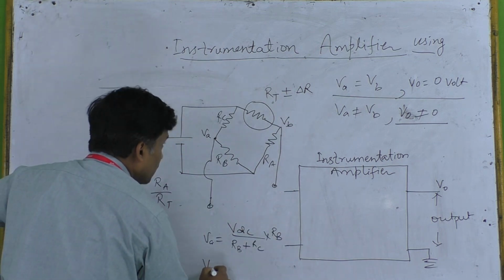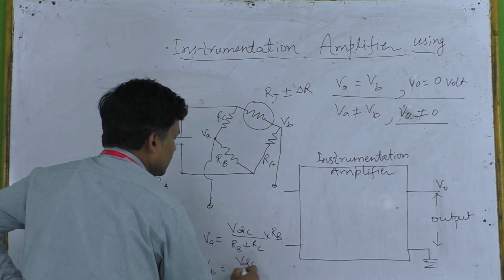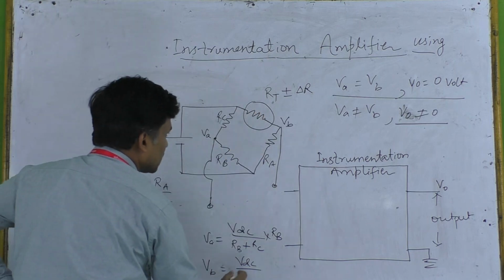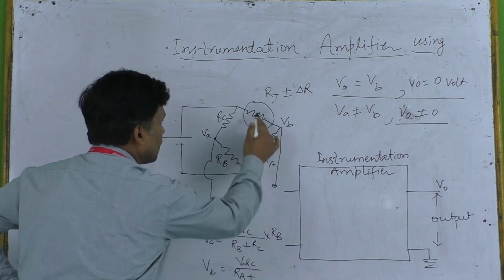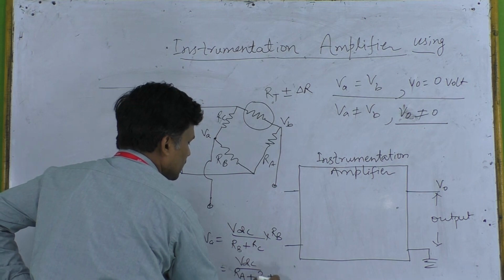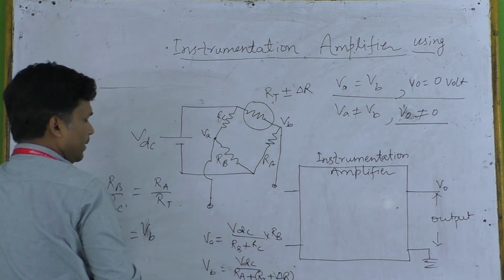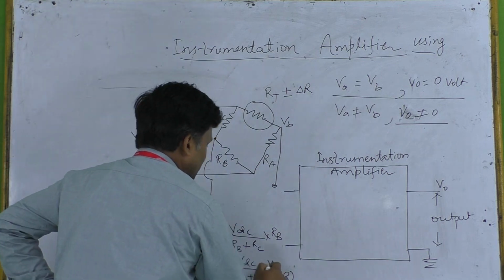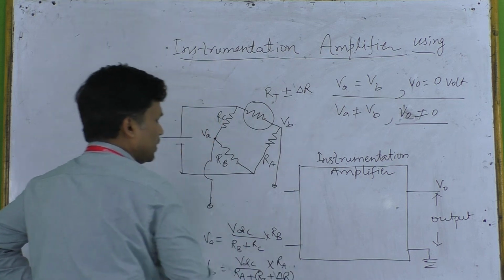Similarly, VB will be equal to the applied voltage VDC divided by the total resistance across this particular arm, that is RA plus RT plus minus delta R, which is the change in resistance due to change in temperature, and multiplied by the resistance RA across which we need to find the voltage.